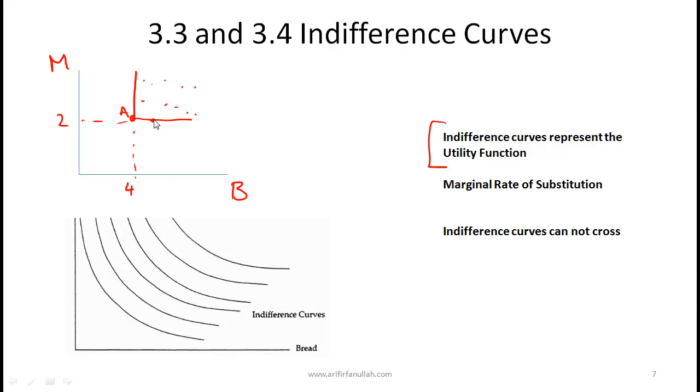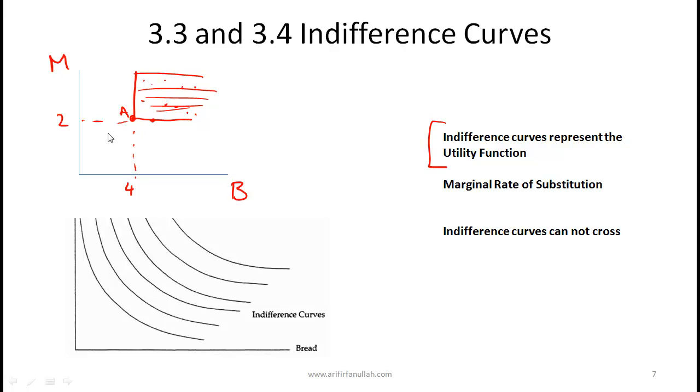So that means anything along this line is better than A. Similarly, anything on this line where you have 4 slices of bread and say 3 cups of milk would be better. We are not saying how much better, we are simply saying better. So anything on this vertical line is better than bundle A. Anything here is better than bundle A. So essentially any bundle in this whole region is better than A.